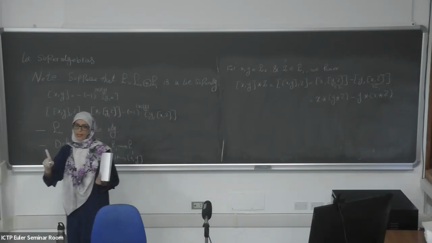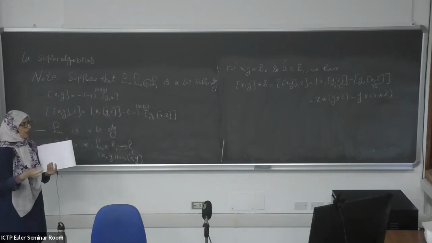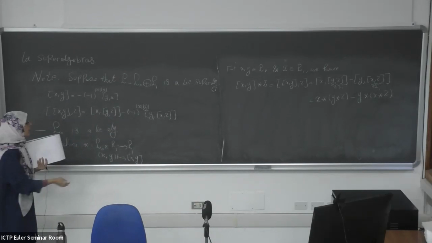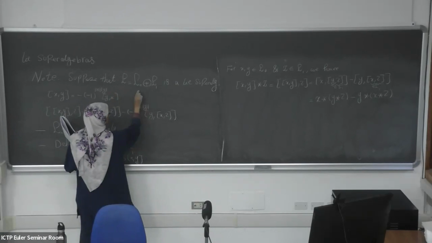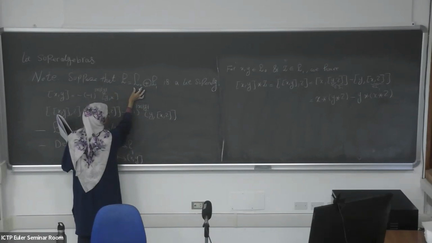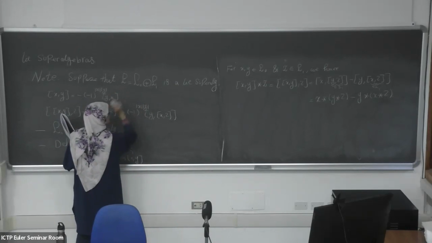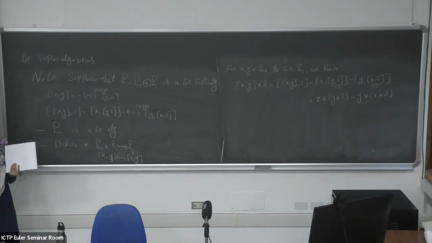L0 is a Lie algebra and L1 is a module for L0. When we have a Lie superalgebra, L0, the even part, is a Lie algebra and the odd part is a representation or a module of L0. Okay?